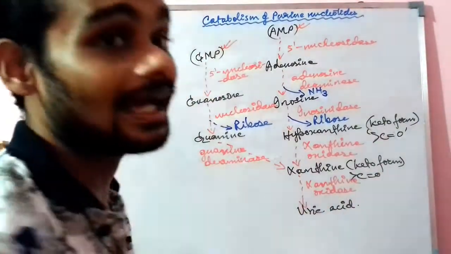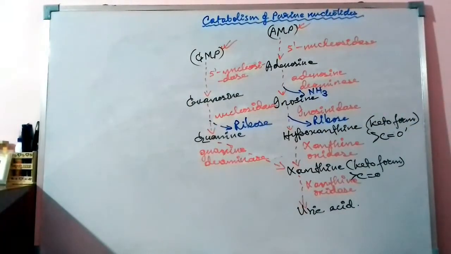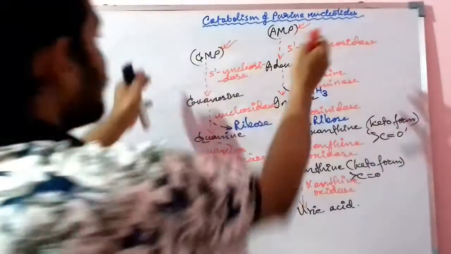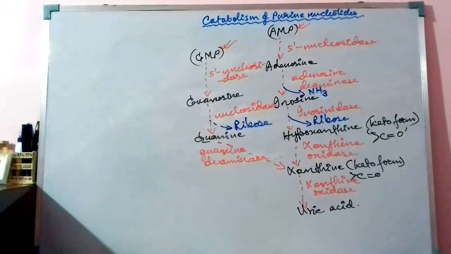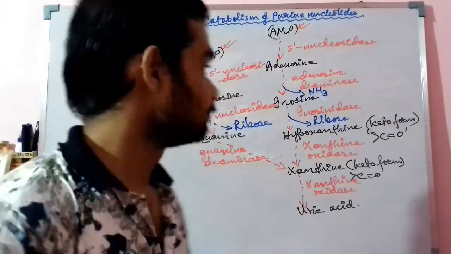That is, it is removing the amine group from the guanine and helping in the formation of xanthine. Okay, so this is what the purine nucleotide catabolism is all about, right?